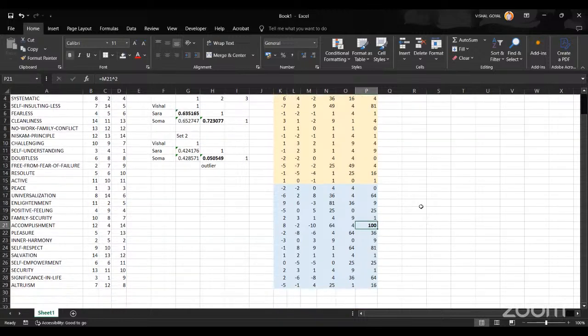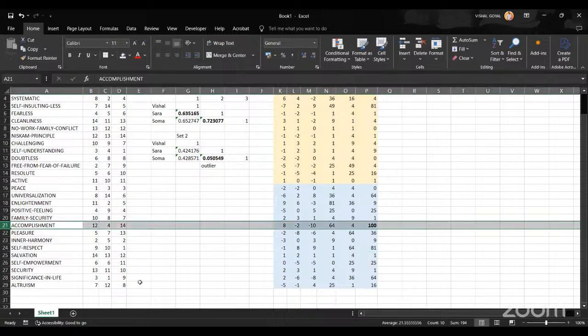And what is that value? That is the accomplishment. Yes, 100 is the accomplishment variable. And the interesting part also, in case of Vishal, that is also 64.